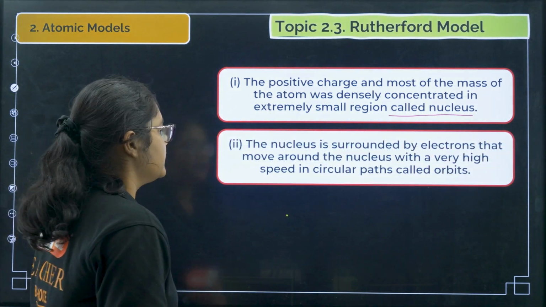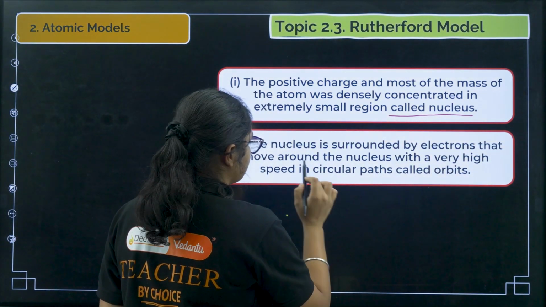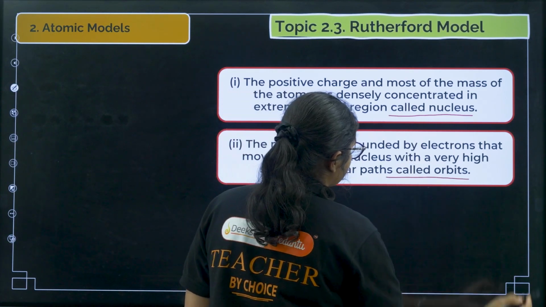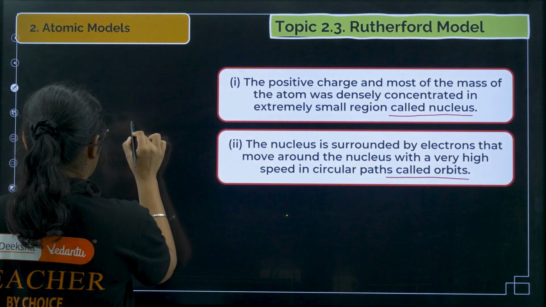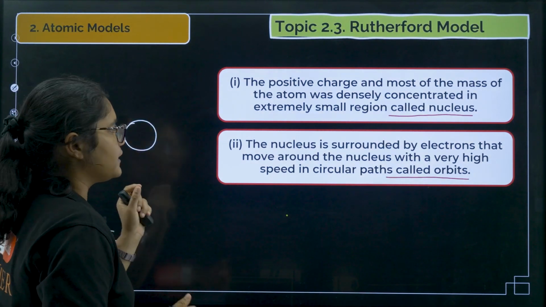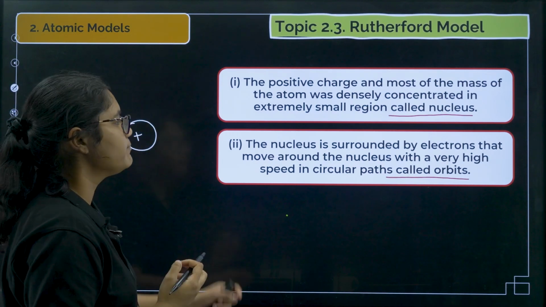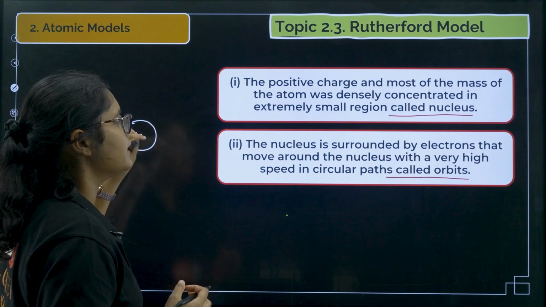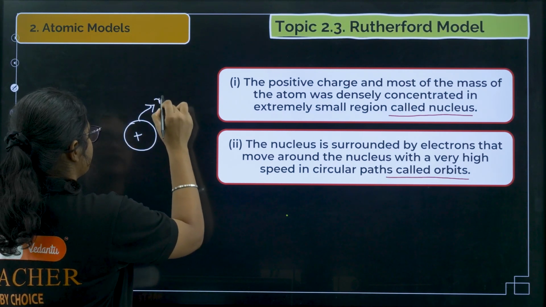Second, the nucleus is surrounded by electrons that move around the nucleus with a very high speed in circular paths called orbits. So the first point is saying that inside the atom there is a positively charged sphere, most of the mass of the atom is densely concentrated here, and this positively charged sphere is called the nucleus.